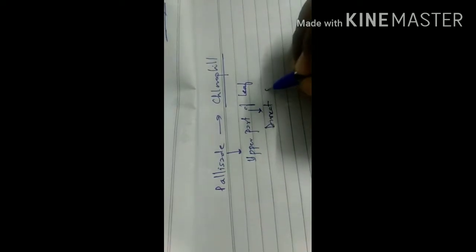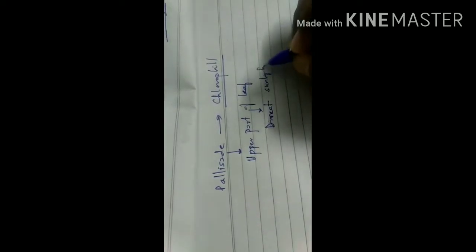The palisade layer contains chlorophyll. As this palisade layer is present in the upper part of the leaf, the sunlight falls directly on it.